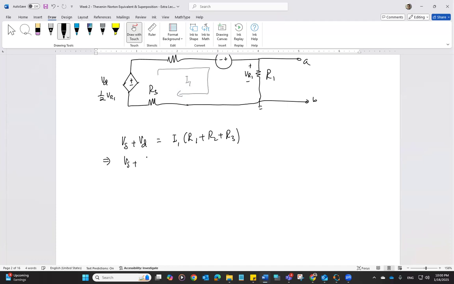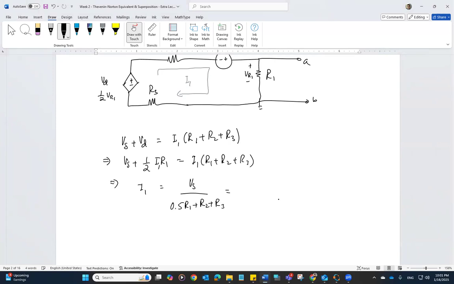So Vs plus half of I times R1 equals I1 times (R1 plus R2 plus R3), which will give us the value of I1 from the equation: Vs over (0.5 R1 plus R2 plus R3).